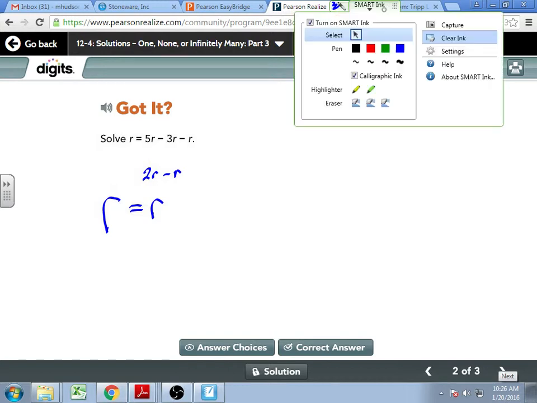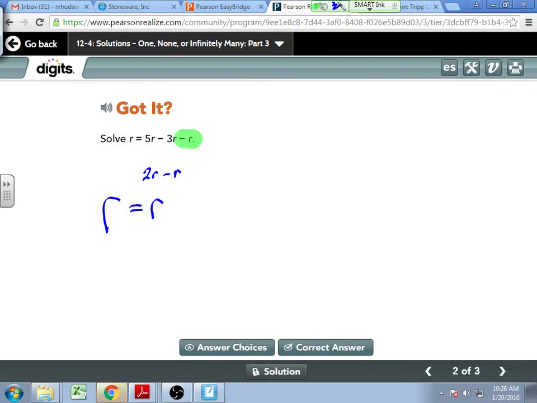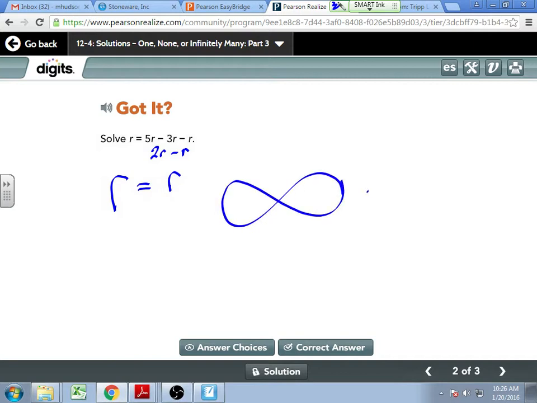If Jackson did 3r minus r first, he would get 2r. 5 minus 2r would give you 3r, which is not how this works. You have to work left to right, doing the 5 minus the 3r first to get 2r, then minus the r to get just r. r equals r gives me infinitely many.